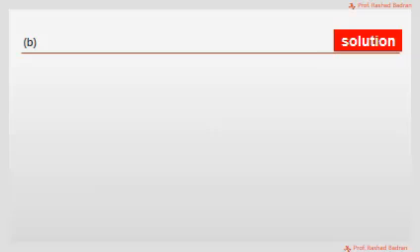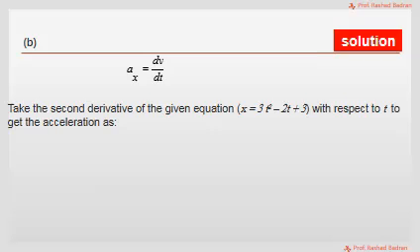To solve part B, we need to find the instantaneous acceleration. Again, the derivative of the velocity with respect to time gives us the acceleration, and to get it, we have to take the second derivative of x versus time, and the answer is 6 meters per second squared.